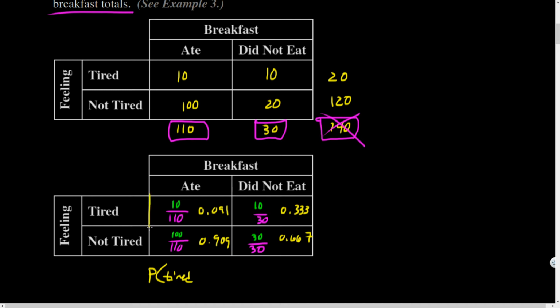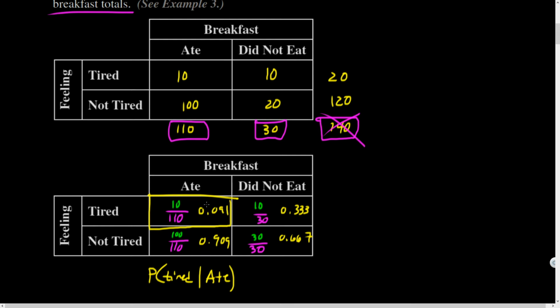And so the 0.091, 9.1%, another way I could say that, is the probability that someone was tired. If I look at just this cell, it is the probability that someone was tired given I already knew they ate. And so because the denominator, the possible outcomes, was not the total, I was working with a conditional probability, a given probability, a conditional relative frequency.